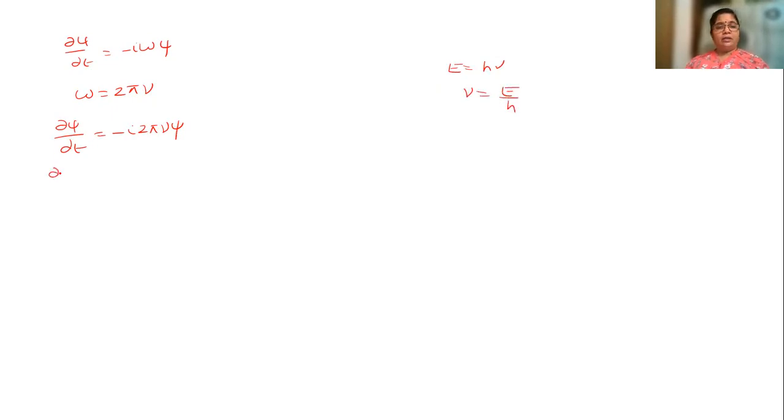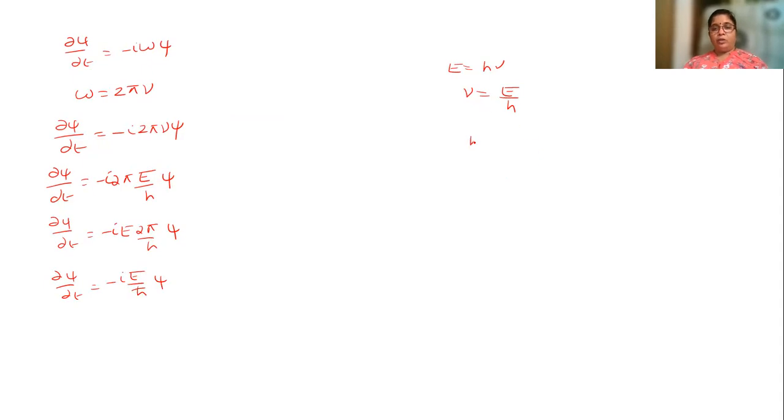So you can write dou psi by dou t is equal to minus i 2 pi E by h into psi, where nu is replaced by E by h. Or again, this can be rewritten as dou psi by dou t is equal to minus i E 2 pi by h into psi. Or what is it? Dou psi by dou t is equal to minus i E by h cross into psi.